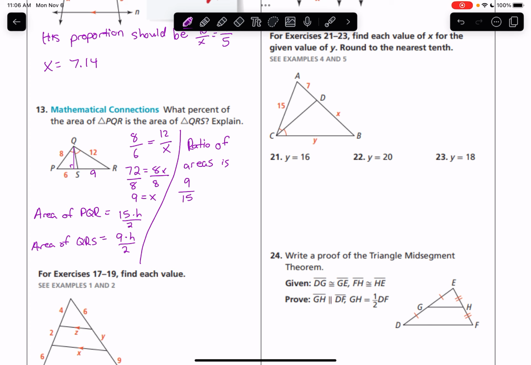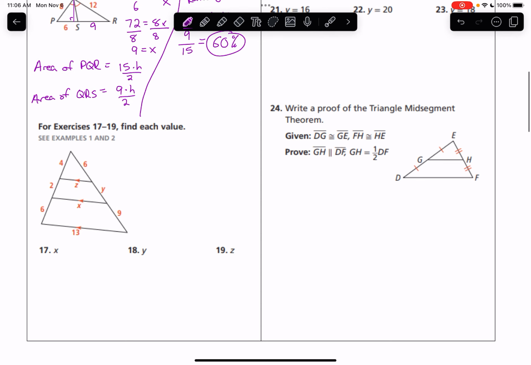So if I compare 15 times height divided by 2 and 9 times height divided by 2, the area of QRS is 9/15 the area of PQR, which is equal to 60%. So the area of QRS is 60% the area of PQR.